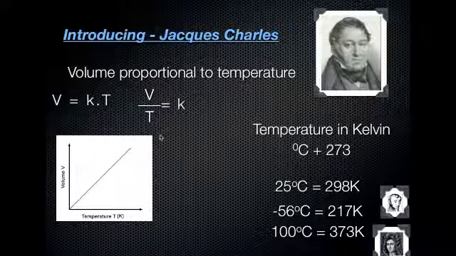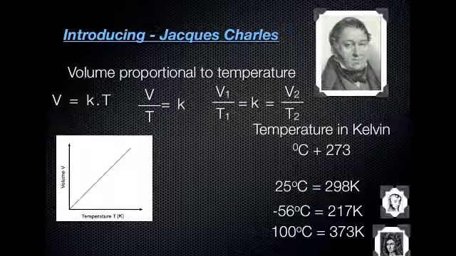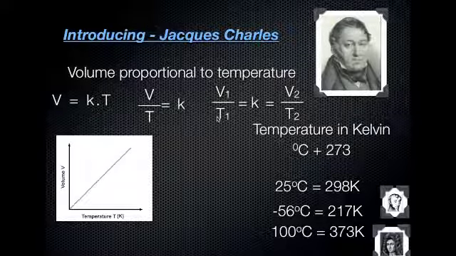So we can link these two things together, and what Jacques Charles came up with was this relationship here, where V1 over T1 is equal to V2 over T2. This is known as Charles's law, where the volume and temperature are intricately linked at a set pressure and with a set number of molecules in there.